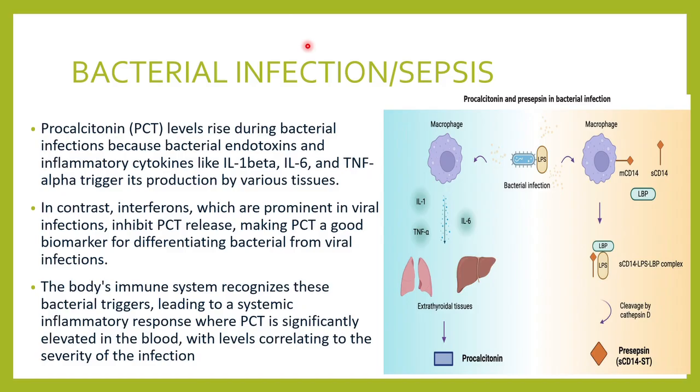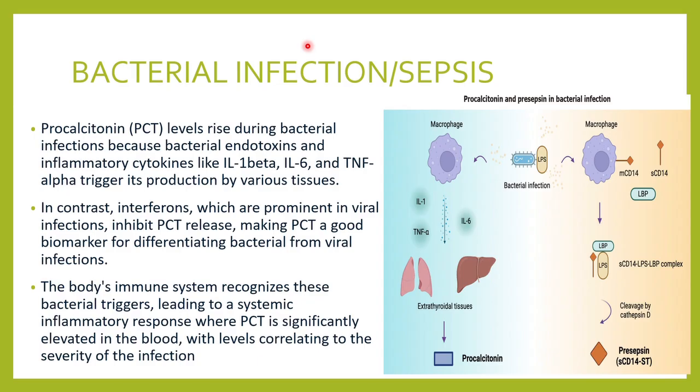I have told you that procalcitonin is increased in bacterial infections, in severe bacterial infection, sepsis. So it is a marker for bacterial infection. Whenever we want to find out whether it is a bacterial infection or a viral infection, we do these tests. Why does it become important?